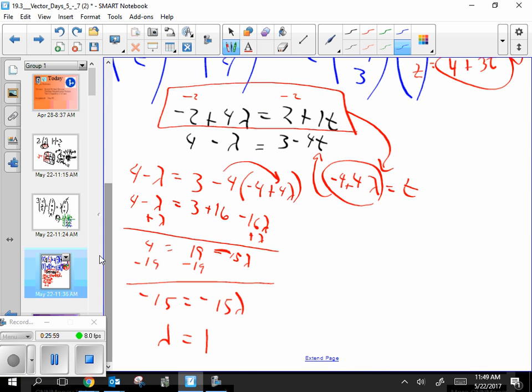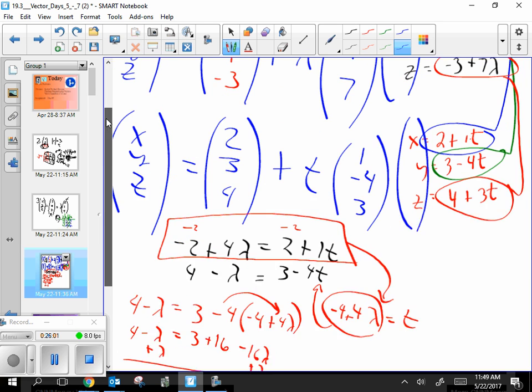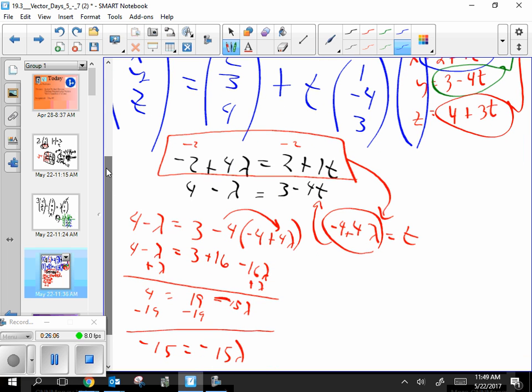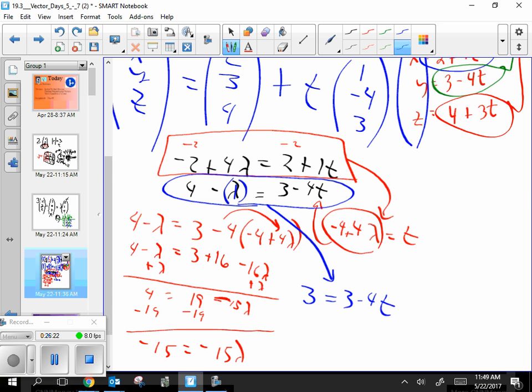If lambda is 1, then I got to go back up and solve if lambda is 1 in this equation right here. If lambda is 1, 4 minus 1 is 3 equals, I'm just doing this equation right here. 4 minus 1 is 3 equals 3 minus 4t. And I subtract 3 from both sides, and I get 0 equals negative 4t. T must equal 0. Does it seem believable that t would equal 0?